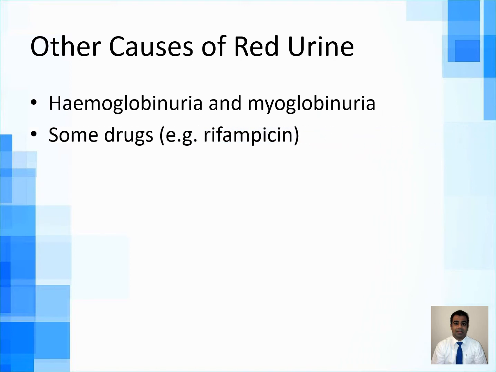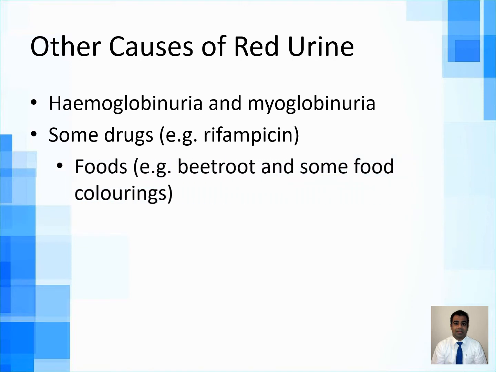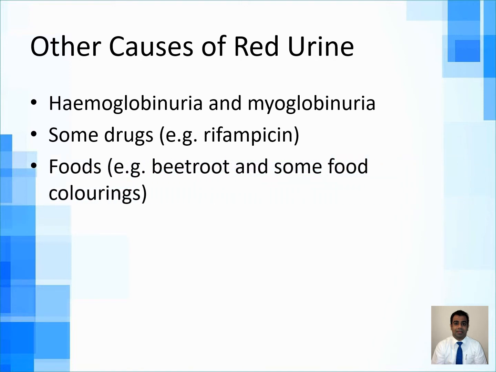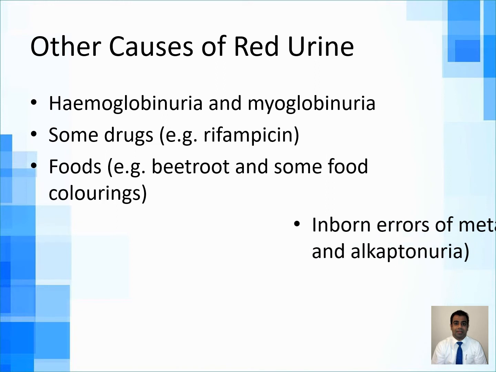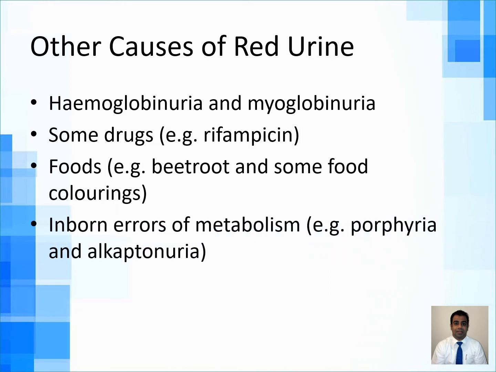Certain drugs like rifampicin are notorious for causing a color change in the urine, which can appear as hematuria. Foods like beetroot and some food coloring can make the urine red, and you can falsely think of hematuria. There can be inborn errors of metabolism like porphyria and alkaptonuria that can lead to red colored urine.